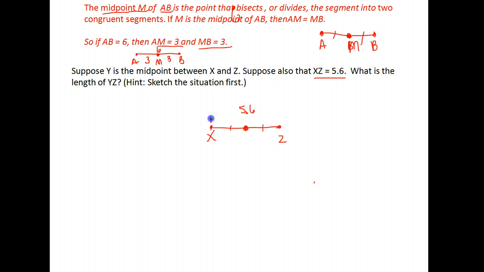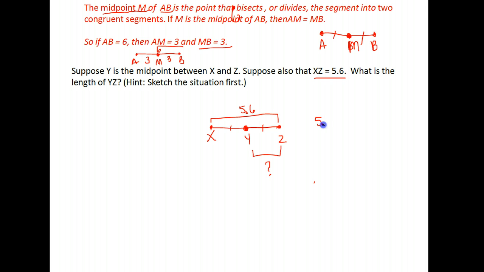From end to end, that is 5.6. What is the length of YZ? So the question, what is that length right there? Well, we know that Y is the midpoint, which means it cuts XZ into two equal parts.